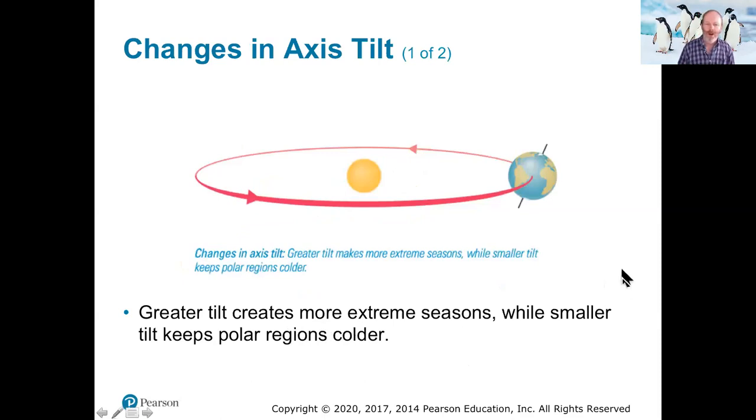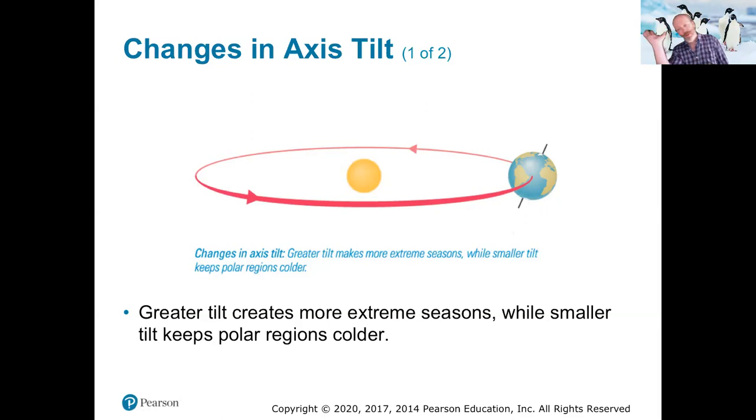Another thing is our axis tilt. And we've talked about this before. We have seasons because we are tilted. And sometimes we're tilted towards the sun. Sometimes we're tilted away from the sun. And when we're tilted away from the sun, like in this picture here, the north is tilted away from the sun, the south is tilted towards the sun. So seasons are opposite. Well, here's the thing.